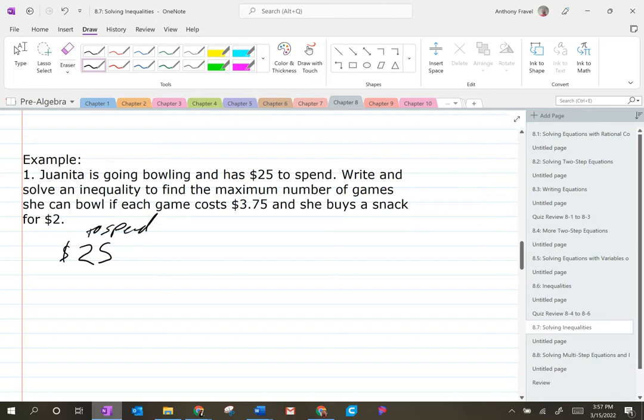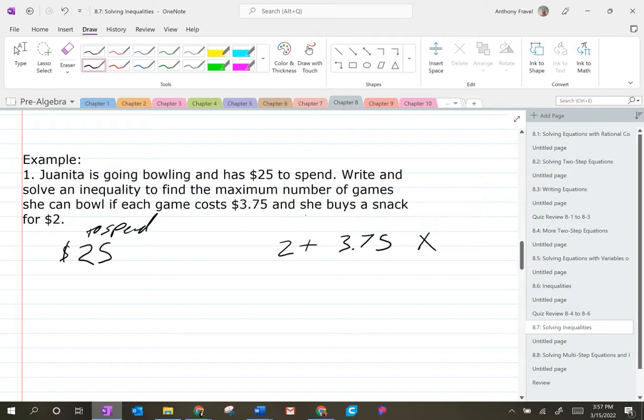All right, and then the next part says she buys a snack, it's going to cost $2. Plus, she's going to have a bunch of different games of bowling, and each game is going to be $3.75. I don't know how many games of bowling she's going to have, so I'm just going to use the X there.